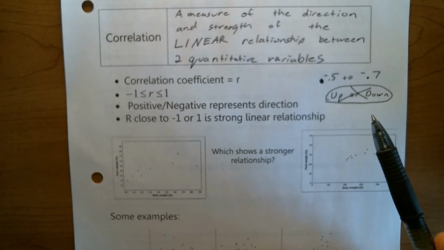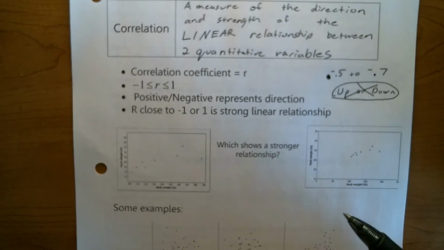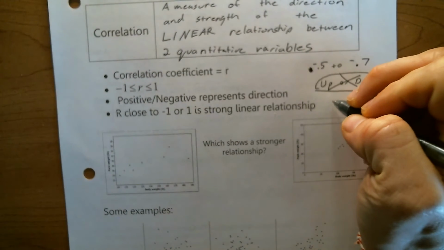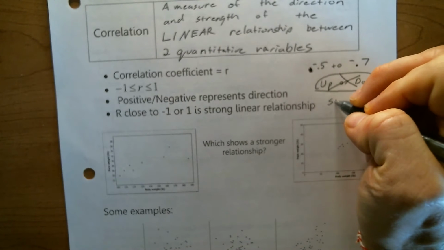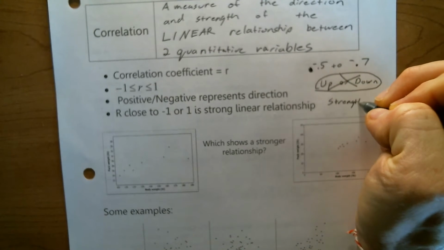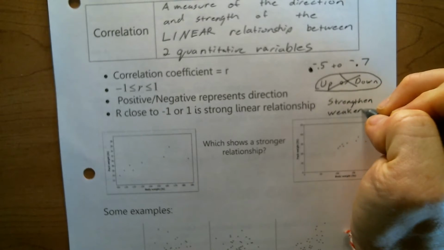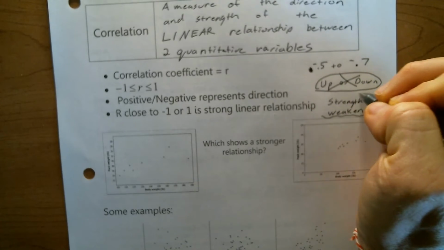And it just becomes confusing using the words up and down when you're talking about a correlation coefficient. What I would say is instead use the words strengthen and weaken, which are usually better choices because there's less ambiguity.